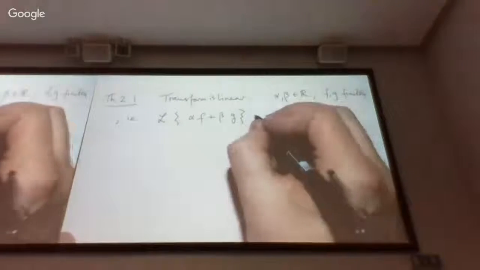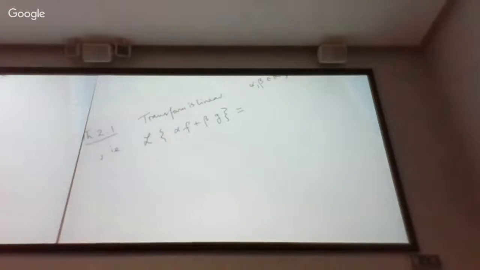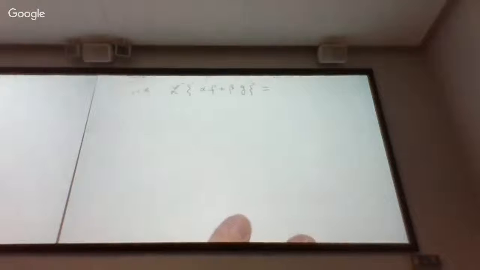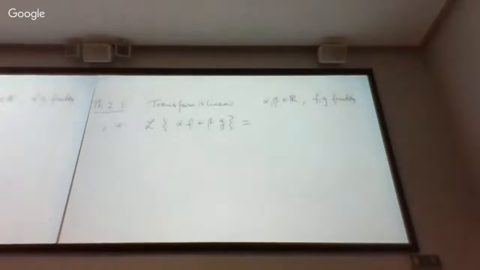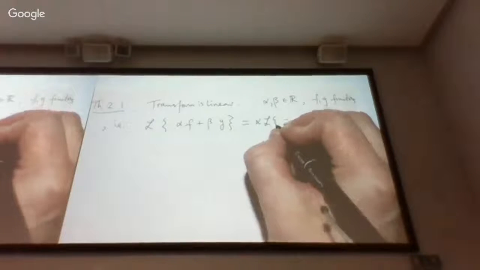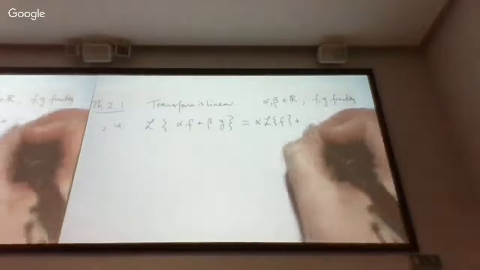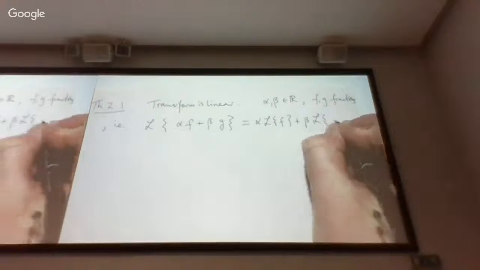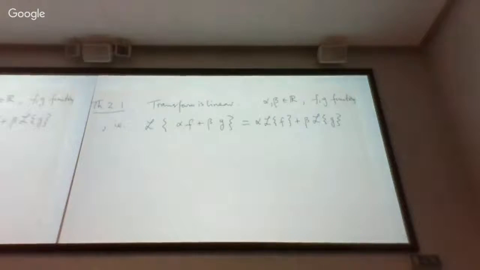Well, L is an operator which you apply to functions, and if you apply it to a linear combination of functions, what we'd like to see is that it's the corresponding linear combination of the individual transforms. This is our first fundamental fact about the Laplace transform. It's a linear operation.